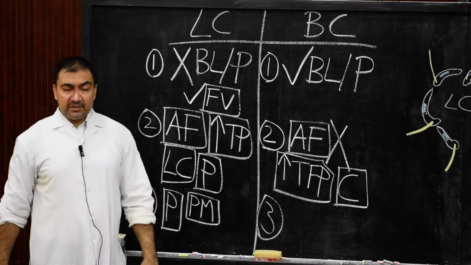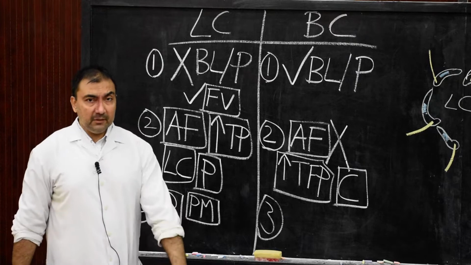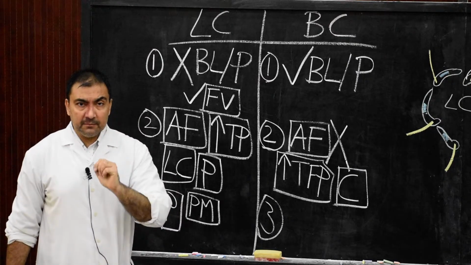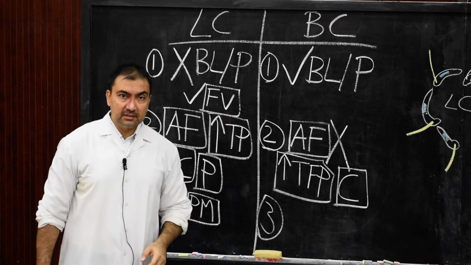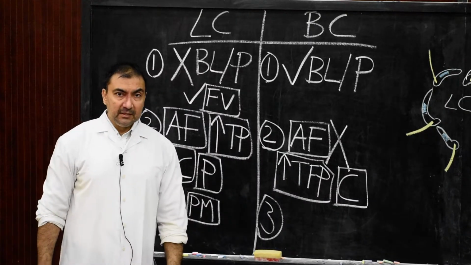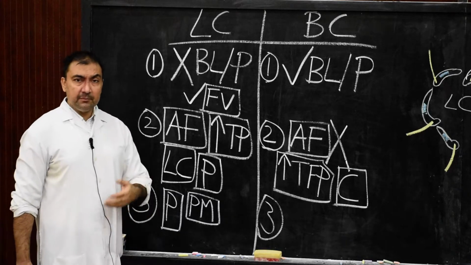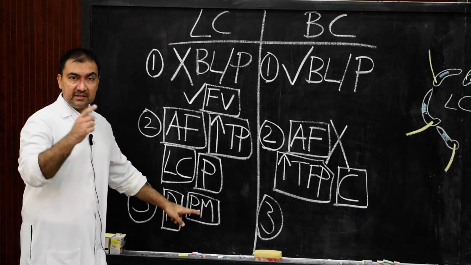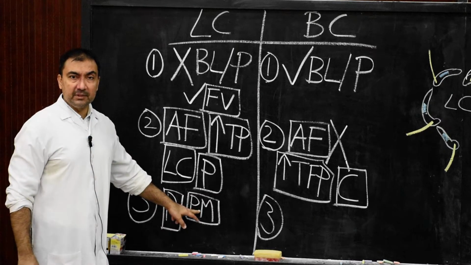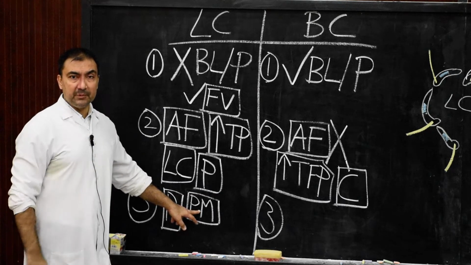Sometimes you are asking one more question, what is particulate matter? Particulate matter are particles of carbon or particles of bacteria or particles of dust or cancer cells. So particles of dust, carbon, bacteria or cancer cells, they are known as particulate matter. They will pass directly through the lymph capillary. Remember, they can diffuse through the lymph capillaries.